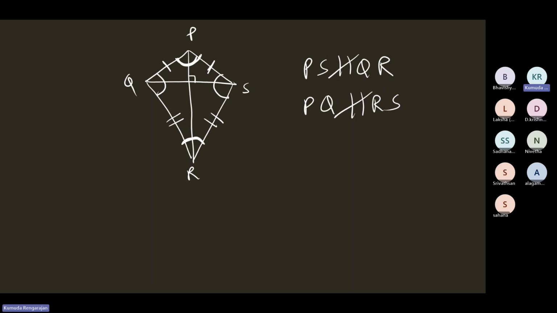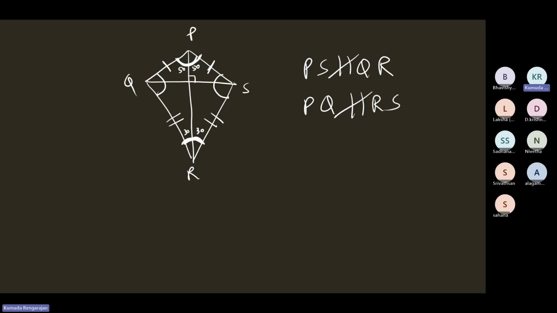So if supposing this is 100 degrees, it will be 50 here and 50 here. And supposing this is 60 degrees, it will be 30 here and 30 here. So that pair of opposite angles which are equal are not bisected. The pair of opposite angles which are not equal are bisected.